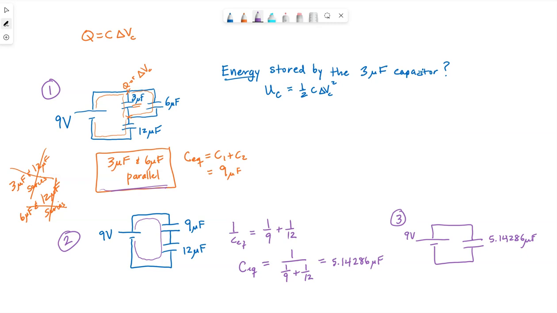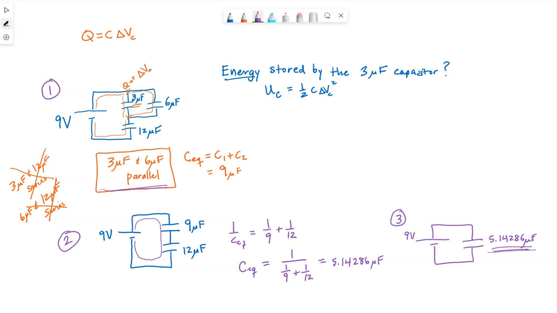So this circuit 3, we're now to a point where we have an equivalent capacitance, meaning if I could possibly go buy this value of capacitor and connect it to my 9-volt battery and not exceed its breakdown voltage. So every capacitor has a voltage written on the side. It's a breakdown voltage, meaning we cannot exceed that voltage or sparks jump from plate to plate and it no longer behaves like a capacitor.